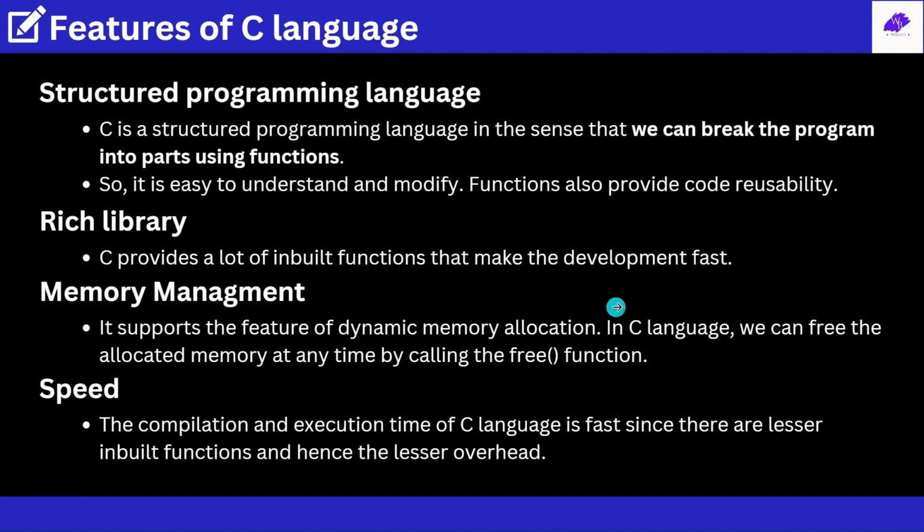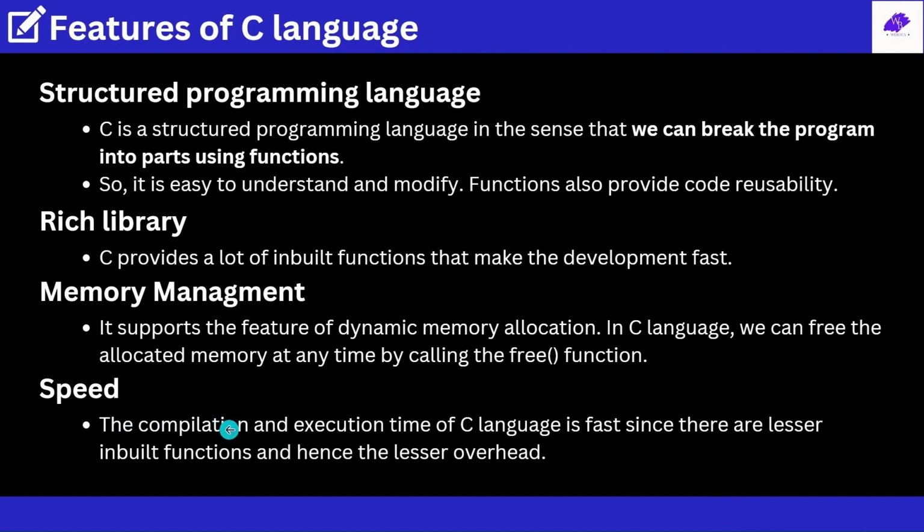In the C language, we can free the allocated memory at any time by calling the free function. So if we have used the memory and we got our result, then we can free that allocated memory at any time by the free function, which is also a library included function.